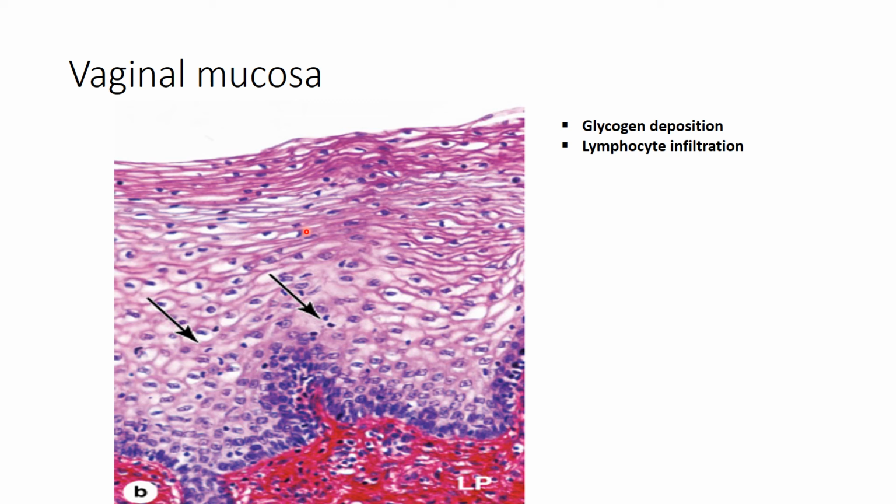As these cells are shed into the lumen, they are acted upon by the commensal bacterial flora which reside in the vagina, and they metabolize this glycogen into lactic acid, which increases the acidity in the vaginal canal to protect the organ against pathogenic invasion. So this is the rationale of the glycogen deposition.